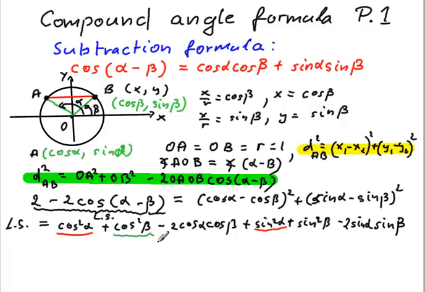Same with cos squared beta and sine squared beta. So that will give you 1. So you would have 1 plus 1, which will be 2, minus 2 cos alpha cos beta minus 2 sine alpha sine beta.